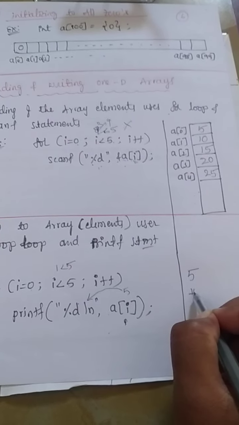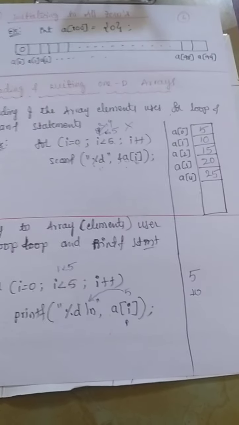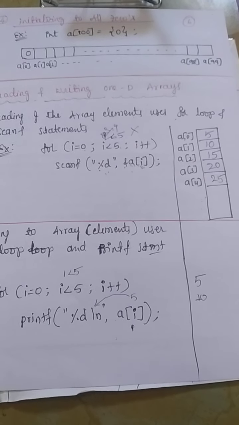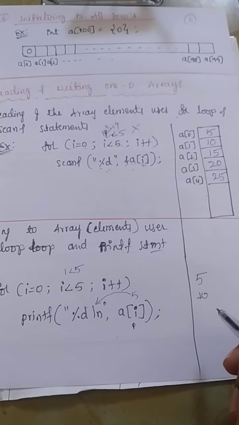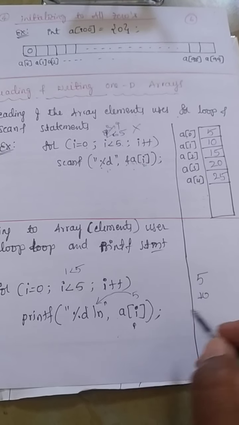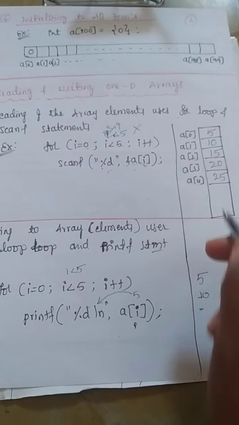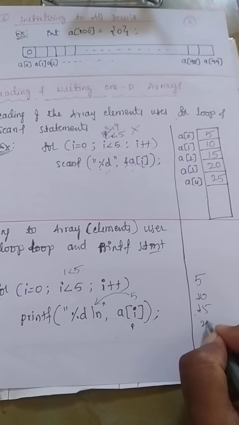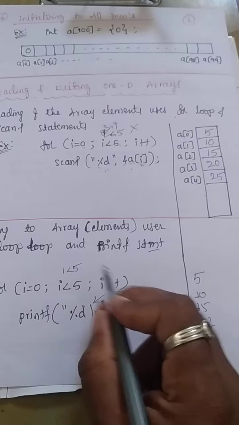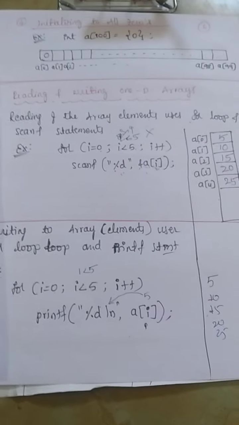So 10 prints here. Next, again control jumps to the next line. So next we are going to print 15, then 20, then 25. Finally the for loop becomes false and the loop terminates.